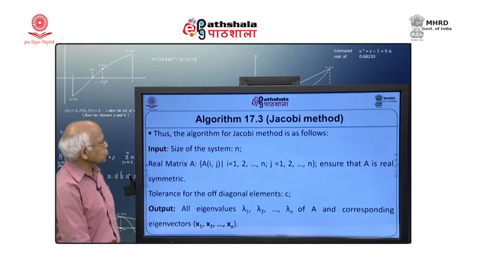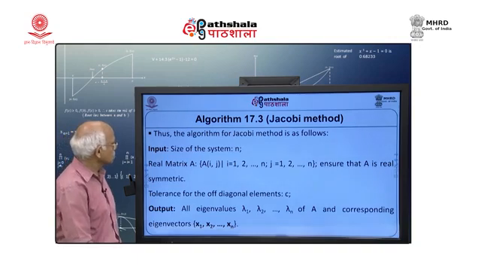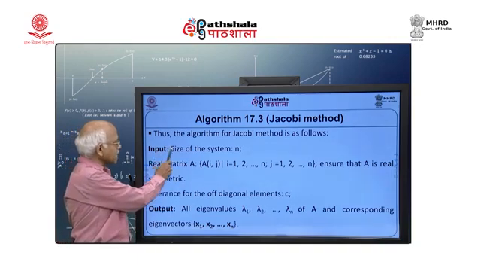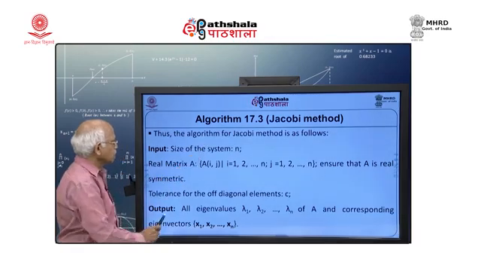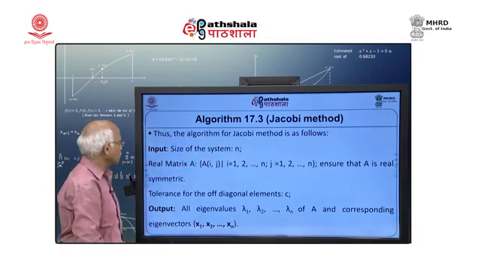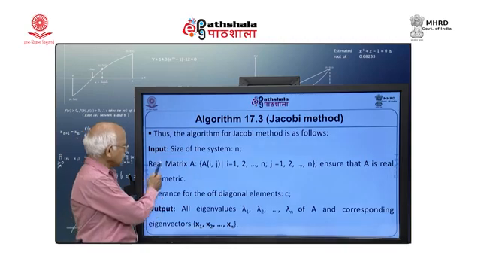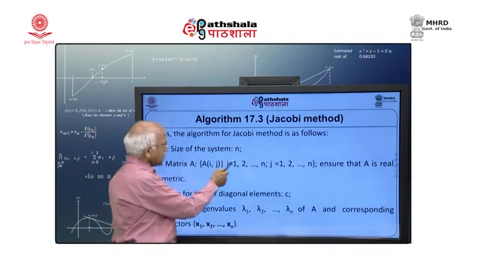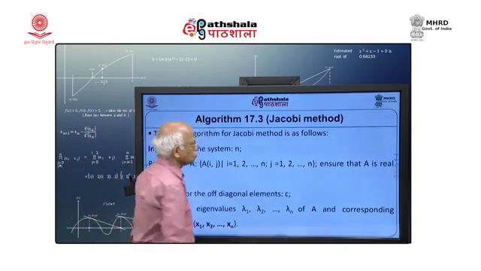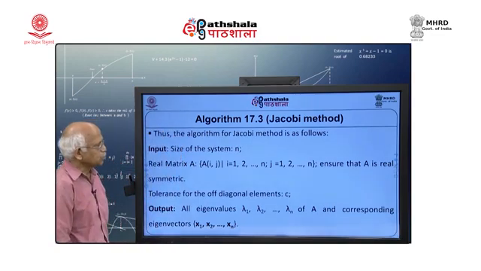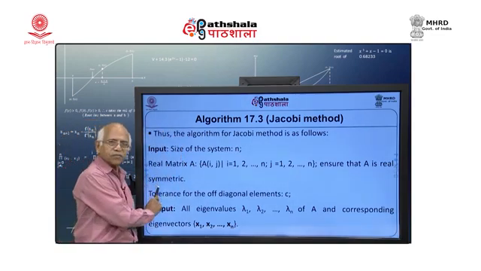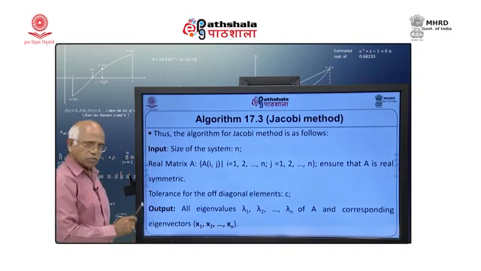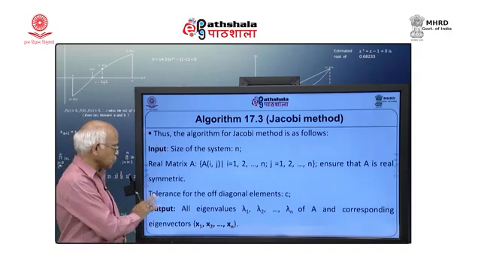Thus, the algorithm for the Jacobi method is as follows. We take as input the size of the system, that is n, and the real matrix A, that is A_ij, i equal to 1 up to n, j equal to 1 up to n. Ensure that A is real and symmetric. We must ensure this, because the method works only for real symmetric matrices, as discussed.